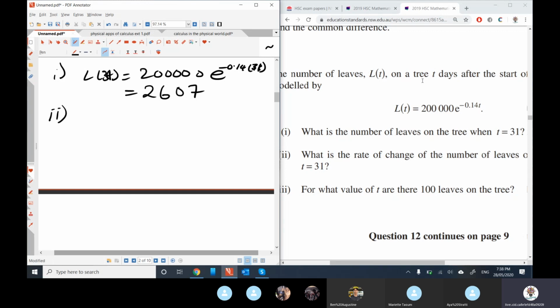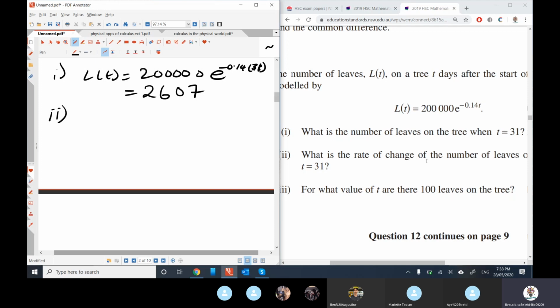It's just trying to say L at t days. Silly mistake. It's fine. No, just 2607. The number of leaves at 31 days. That's what L of t means.